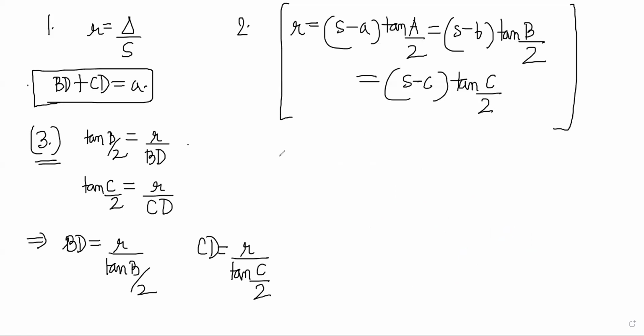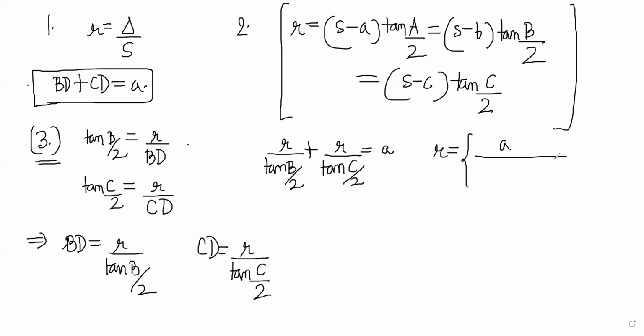So if I now simplify, BD plus CD is small a. So R by tan B by 2 plus R by tan C by 2 is equal to small a. So R is equal to a by 1 by tan B by 2 plus 1 by tan C by 2. Do you understand what is happening?